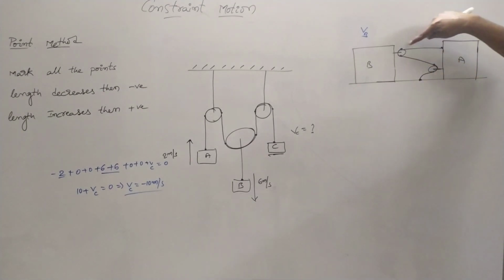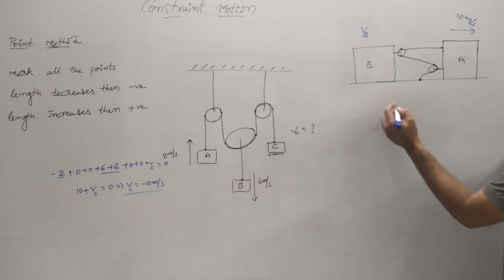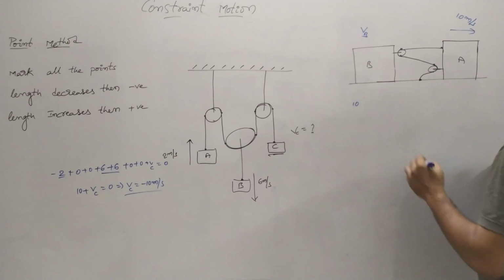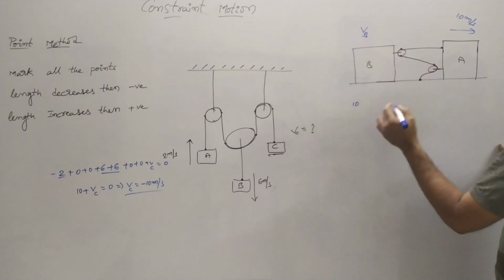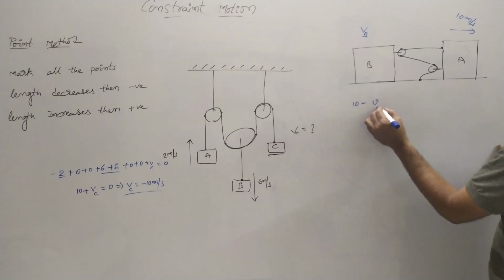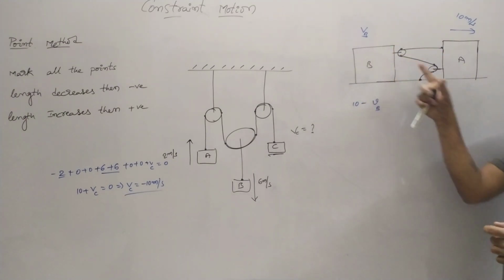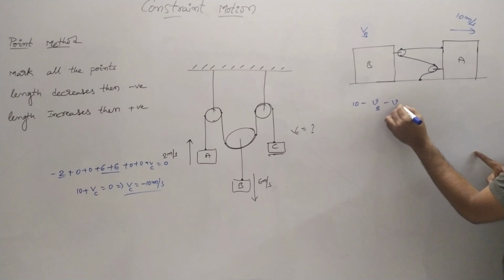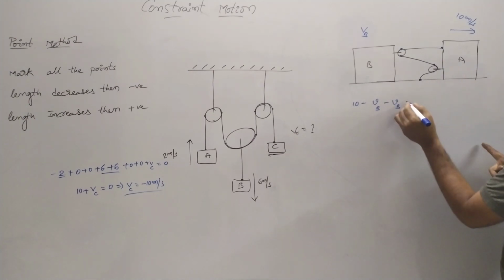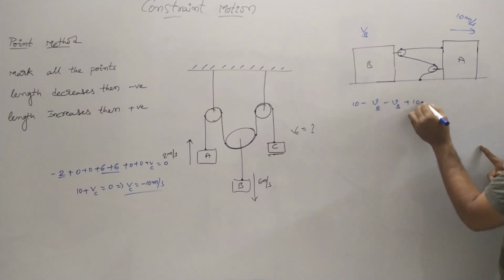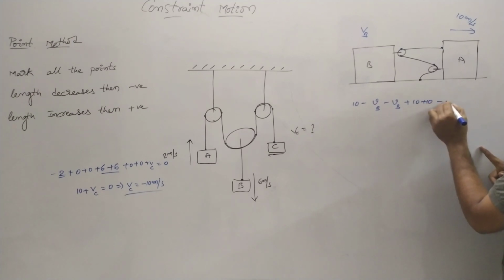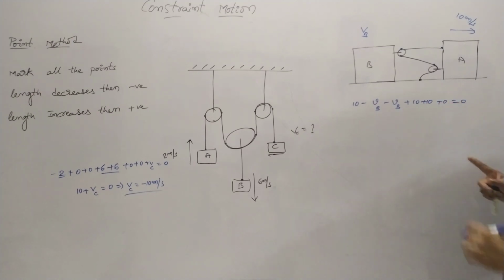So now here observe that the length is increasing. As the length increases, here we consider it as plus 10. Observe that here the length is decreasing, minus v suffix p for this point, and here for this point we have minus v suffix p, and here we have 10, and again here we have 10, plus 0 is equal to 0.